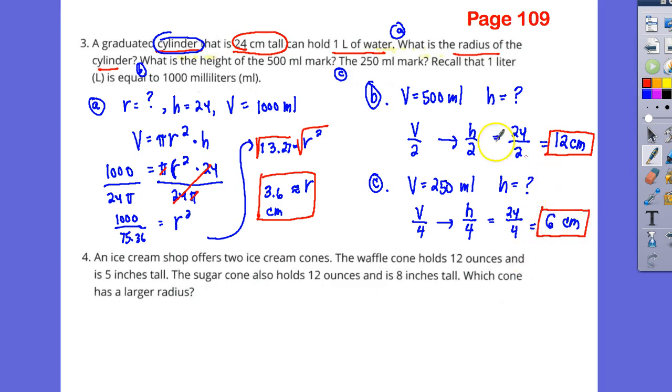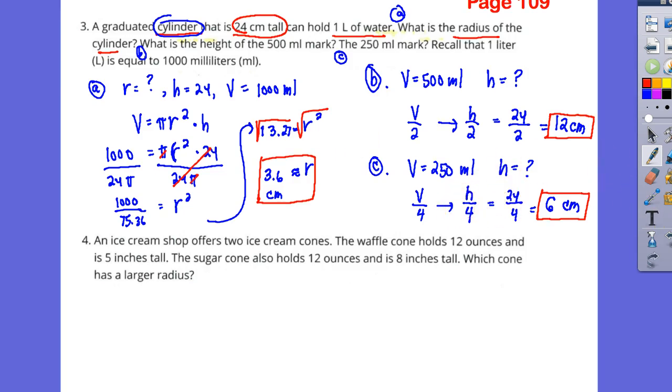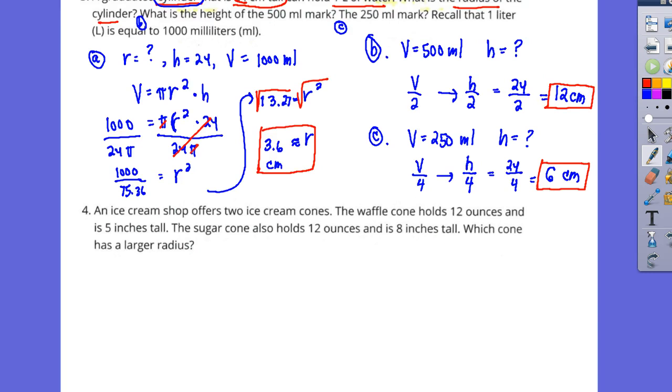All right. So again, we use the whole idea that we learned in lesson 5.17. Okay, problem number 4. An ice cream shop offers ice cream cones. So we have 2 ice cream cones. The waffle cone holds 12 ounces and is 5 inches tall.